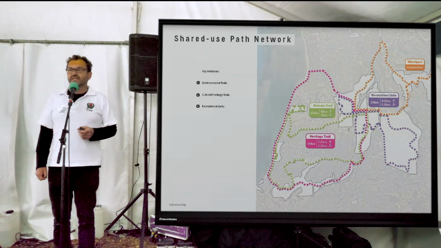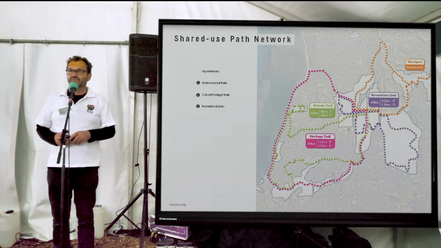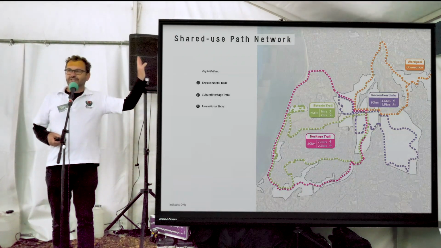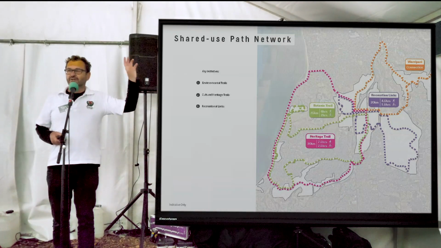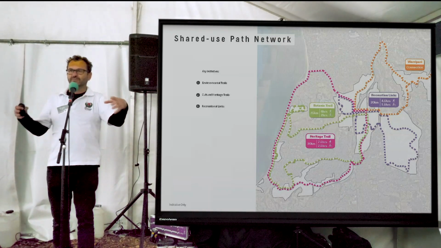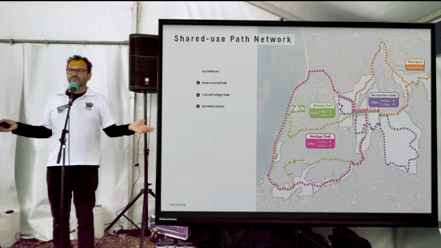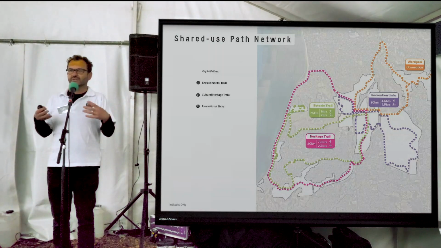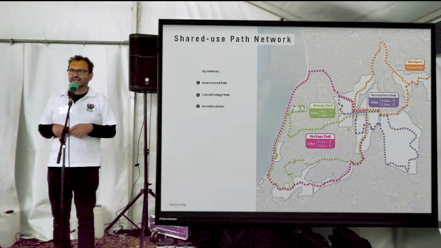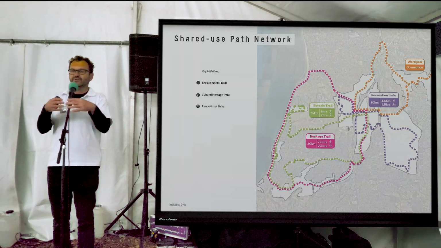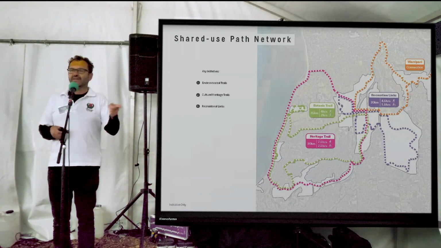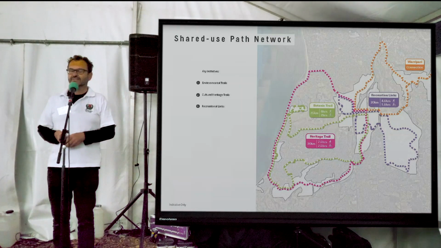So one of the key strategies that we have is looking at how we can create these trail links using Glenthorne, the property itself, as a hub for education, a hub for people to connect, and as a key point of access to the park, but then how they can connect around to the other parcels of land.